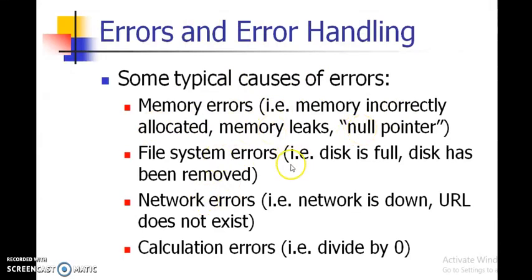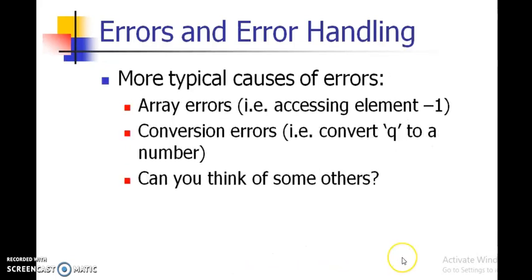File system errors, which might be caused by the disk being full or a disk having been removed. Network errors, which may be caused by the network being down or a URL that does not exist. Or calculation errors, which deal with something called divide by zero. The program which we are now dealing with is with respect to calculation errors, that is divide by zero.